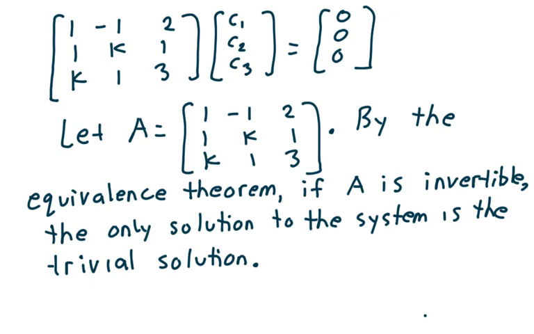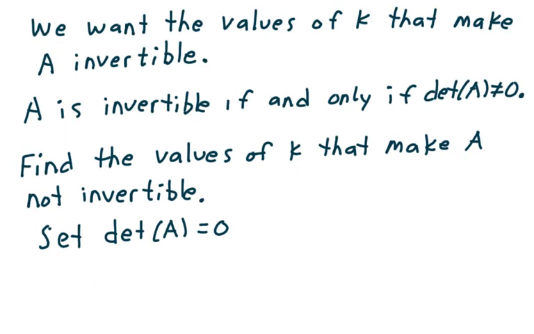And so I restated my matrix equation, and what I did was I let A equal the matrix [1, -1, 2; 1, k, 1; k, 1, 3]. By the equivalence theorem, if A is invertible, the only solution to the system is the trivial solution. So we need to figure out what's happening here. We want the values of k that make A invertible.